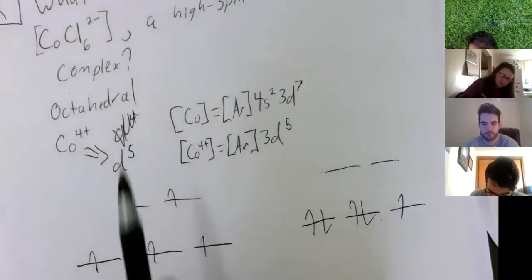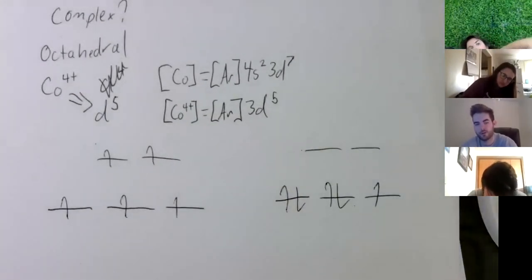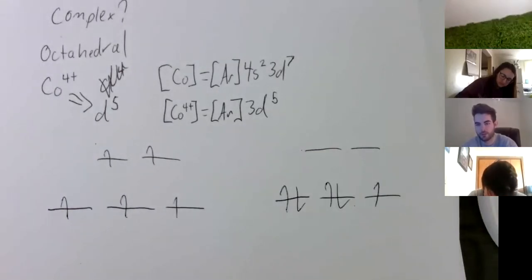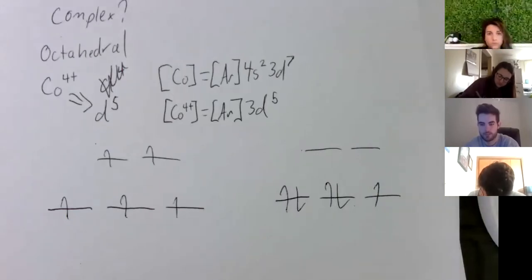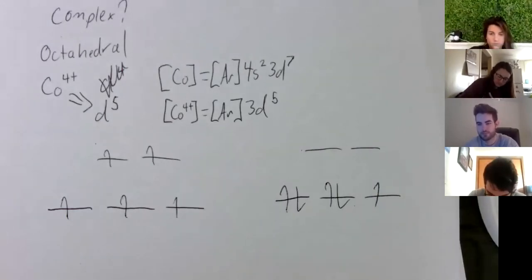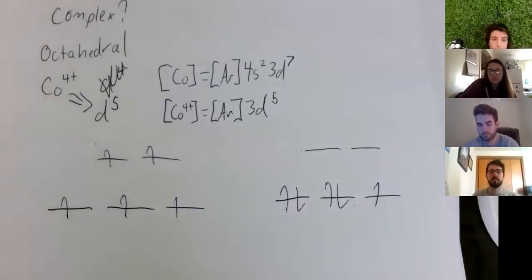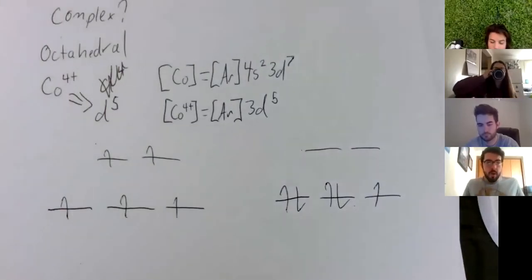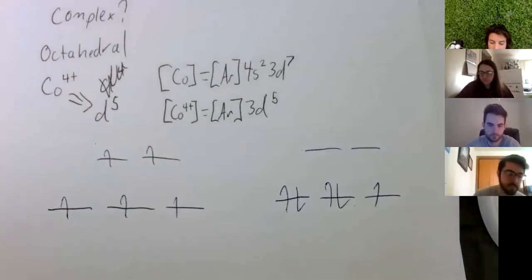Well, remember, when transition metals get ionized, the 4s is lost first because radially it's further out and it experiences less shielding. So that's one of the easier ones to pull off for that reason.